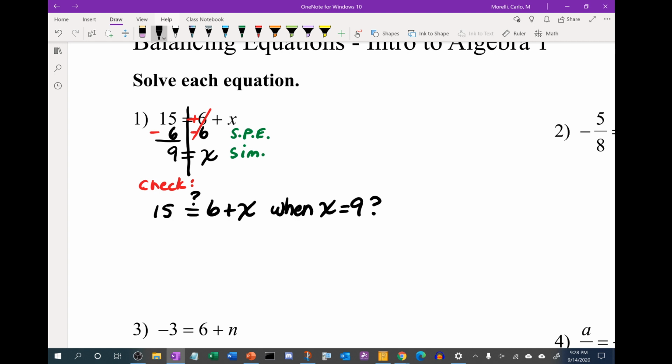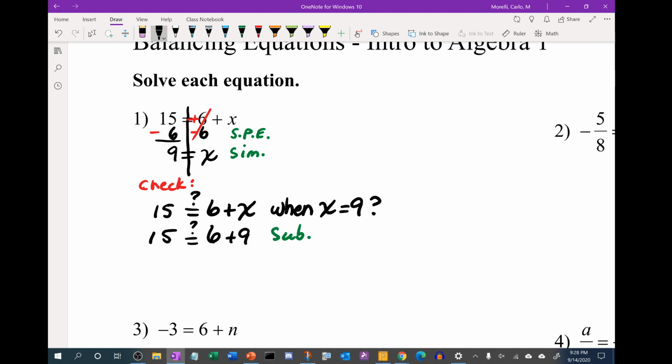Okay, well, if we want to check that, we can substitute the 9 everywhere we see an x, and that's called substitution. So we'll write a new line, 15 equals question mark 6 plus 9, and the justification for this step is called substitution.